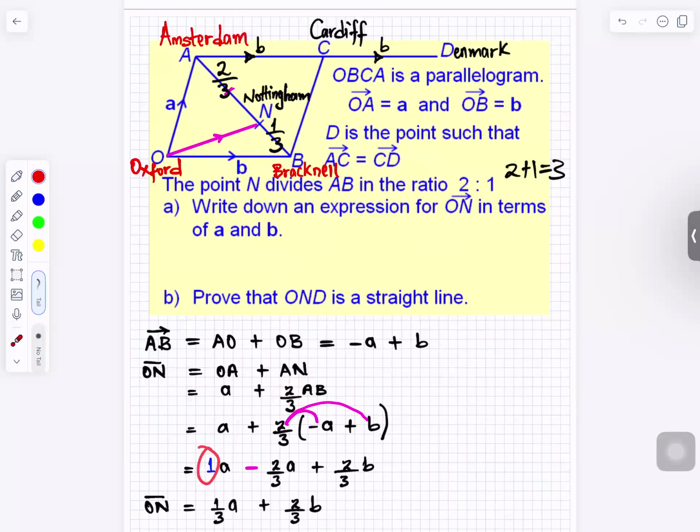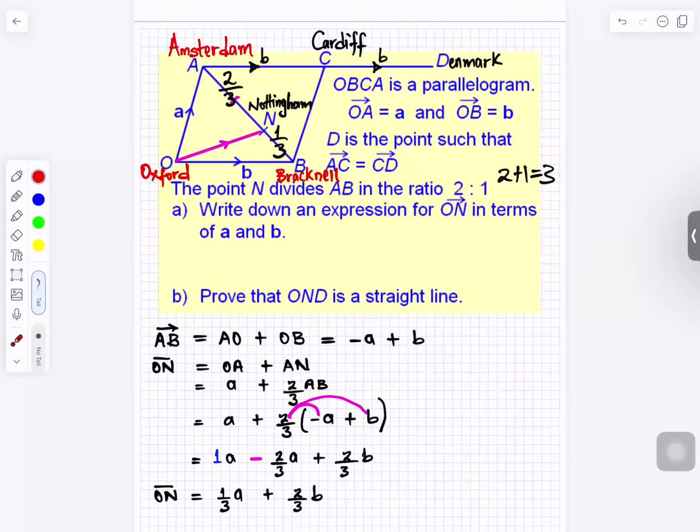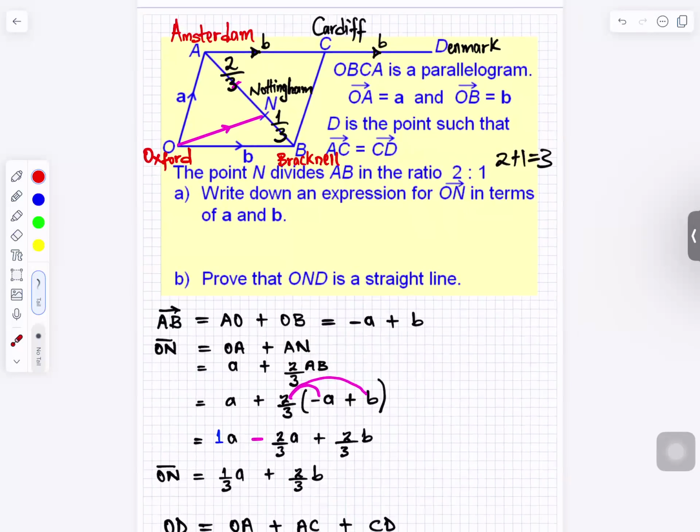We don't normally write that 1. I put it in blue to make it clear. So it's like 1A minus 2 over 3 A. 1 take away 2 over 3 is 1 over 3. So you're left with 1 over 3 A and then 2 over 3 B. So that's your answer for ON.